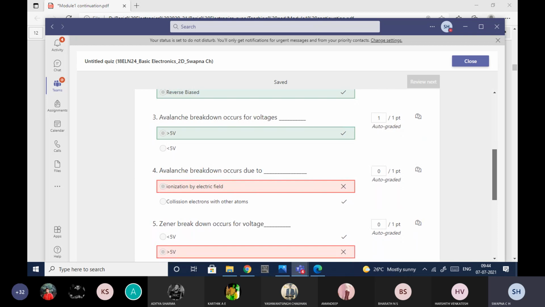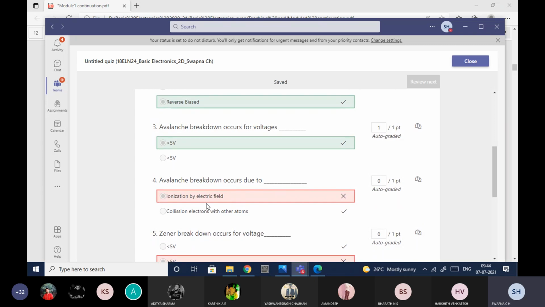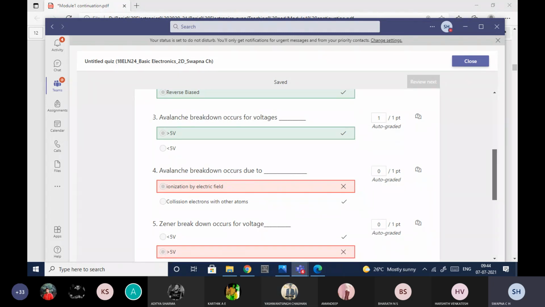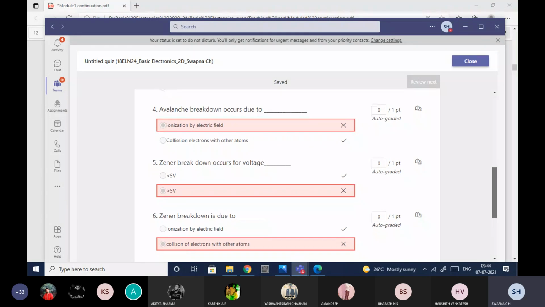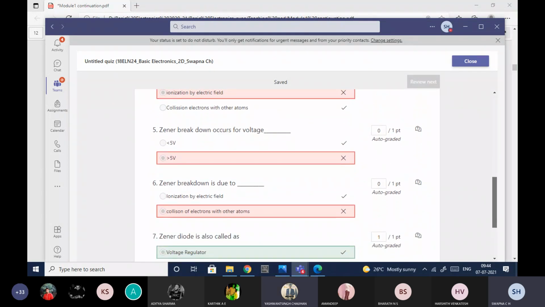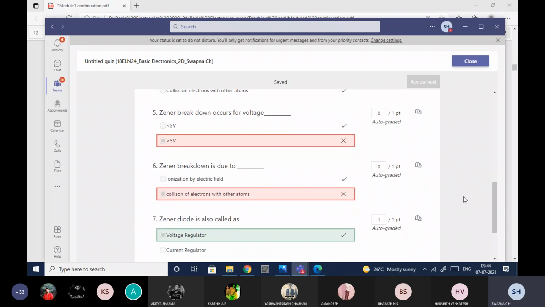Avalanche breakdown occurs due to ionization by collision of electrons with other atoms. Zener breakdown occurs for voltages less than 5 volts. Zener breakdown is due to ionization by electric field.